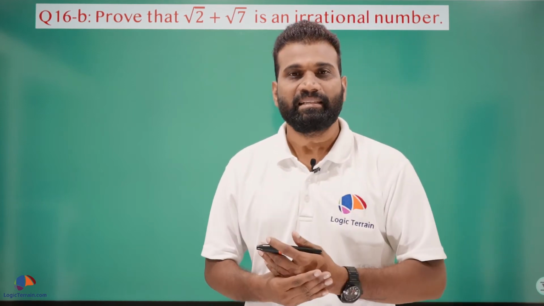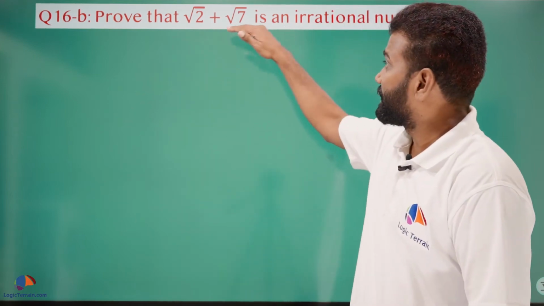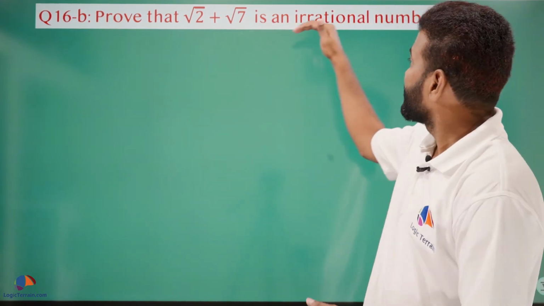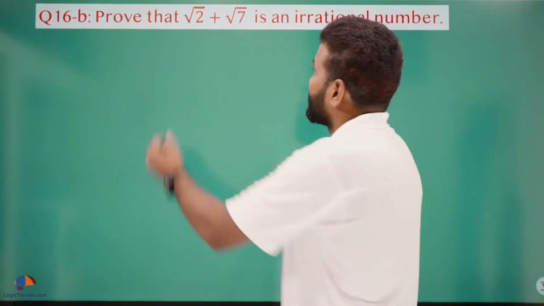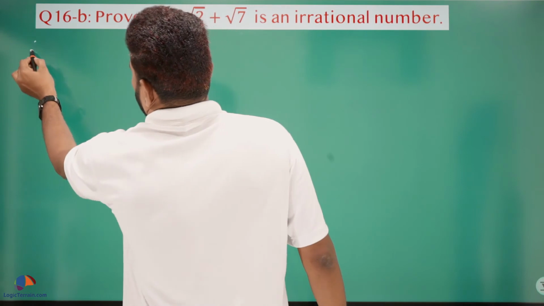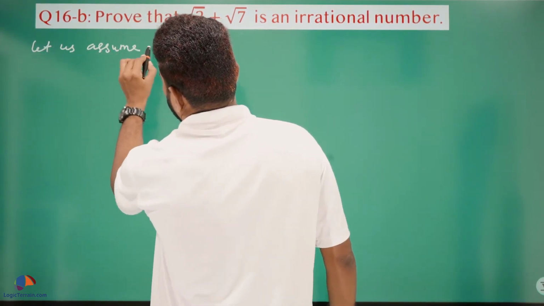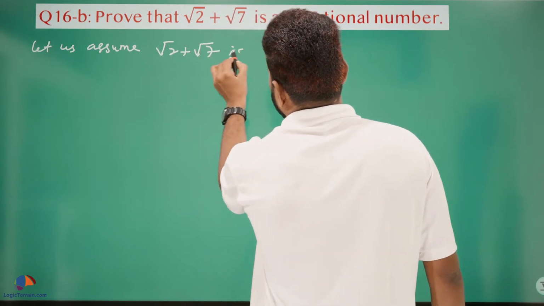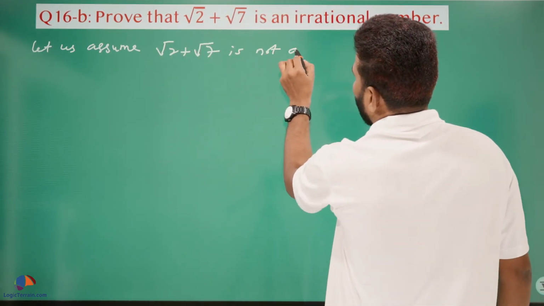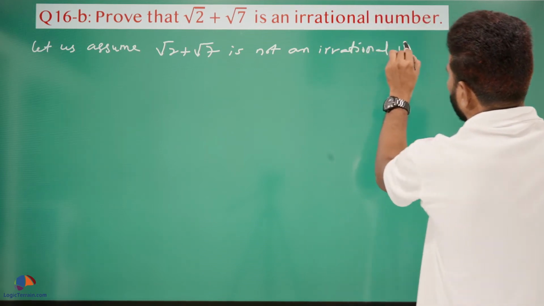Then we realize that our assumption is wrong, so the given thing is right, that is, an irrational number. So let's do that process. Let us assume square root 2 plus square root 7 is not an irrational number.